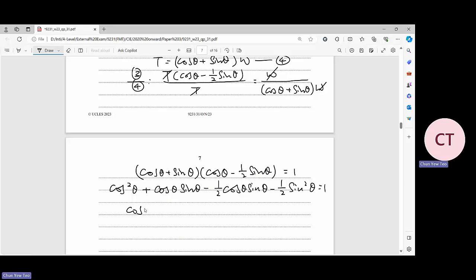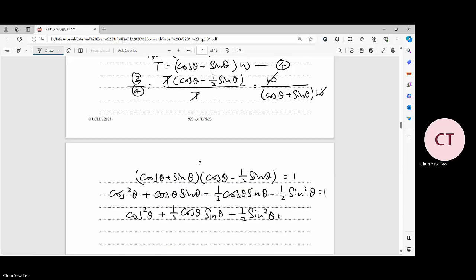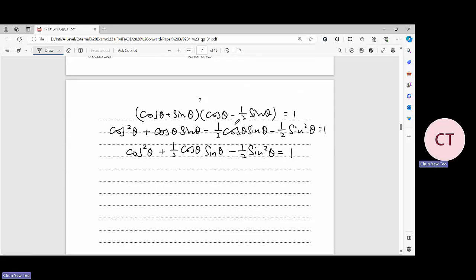So you have cos square theta plus a half cos theta sin theta, then minus a half sin square theta, equals to 1. So we need to find tangent.